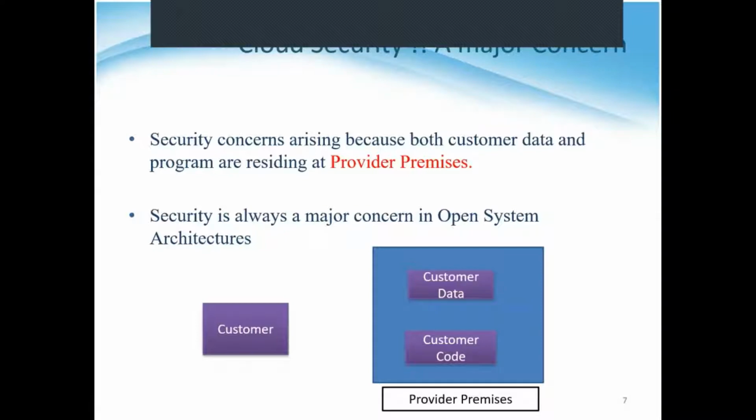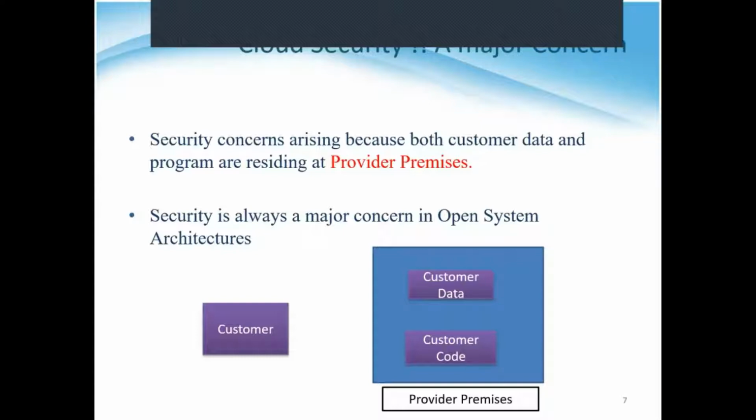Okay. Because security is always one of the major concerns in most of the IT industry. When you go into the IT world, data loss or data corruption is always there. Okay. So that's why security is a concern, arising because both customer data and programs are residing at the provider premises. Okay. So consider that Amazon, AWS, is providing the cloud services, and they should also give the security solution.